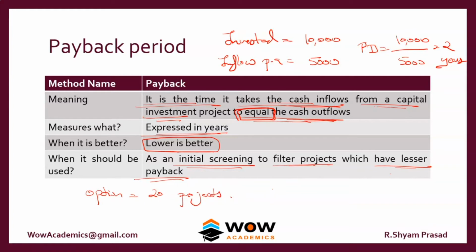So initially the company says, let's select all projects which have a payback of less than 5 years. All 20 projects are checked with payback, and now the company comes down to only 5 projects with a payback of 5 years. The other 15 projects might have a payback of 5.5 years, 6 years, 10 years, or 20 years. Those are rejected.